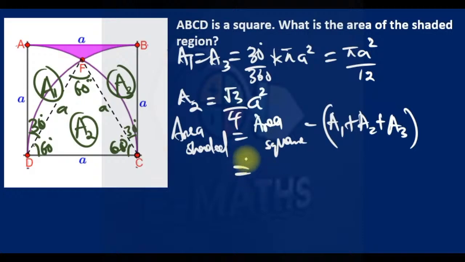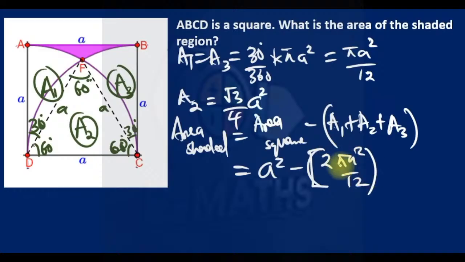So the area of the square is A squared, minus the area of this sector. You know, this and this are the same. So I'm adding A1 and A3 straightforward. So we have 2 times pi A squared over 12. That's the area of A1 and A3.